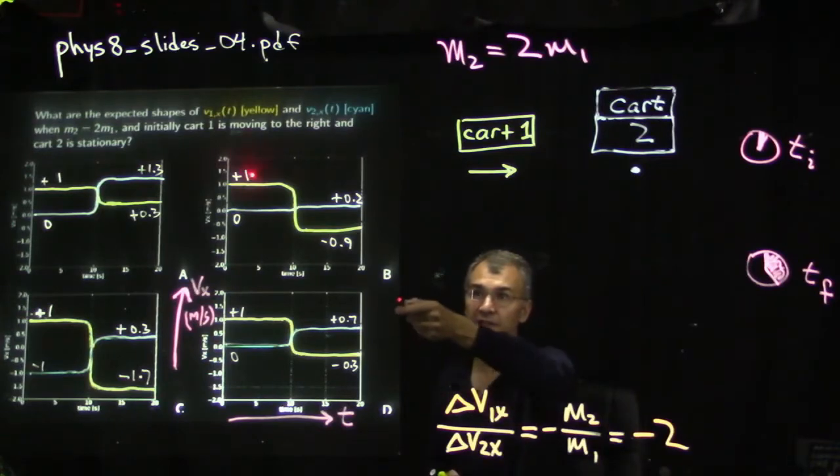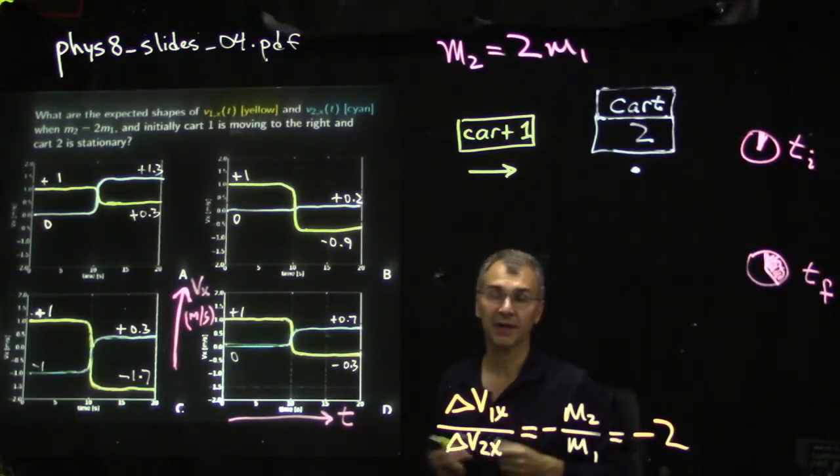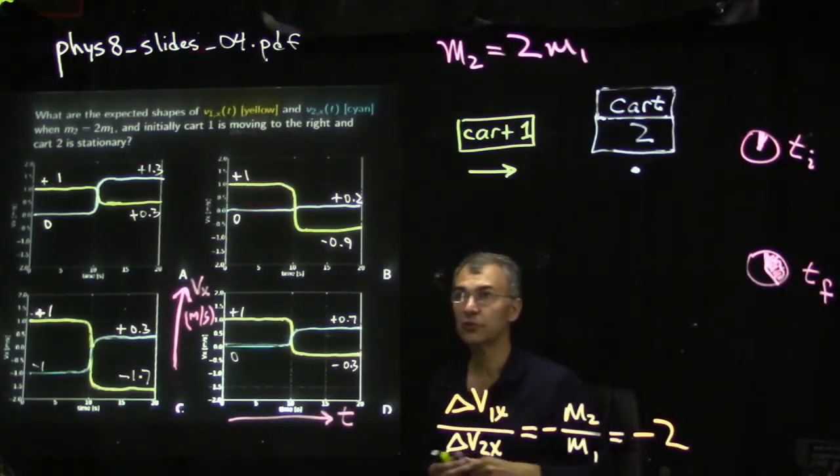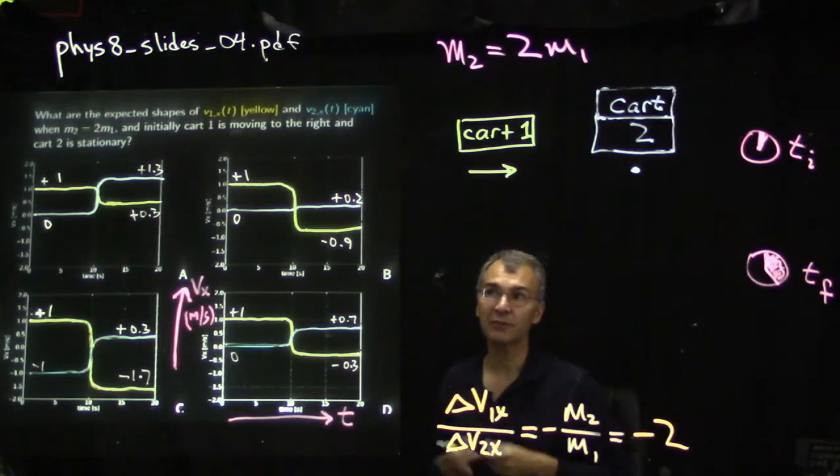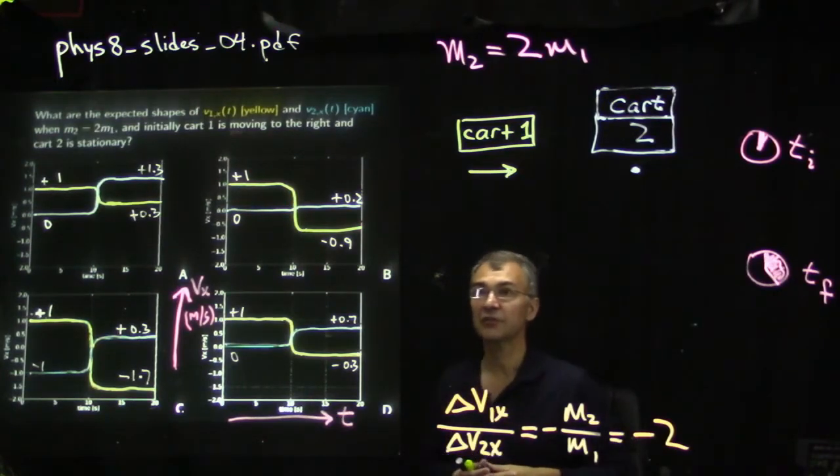So delta v1 is almost -2, and delta v2 is about +0.2. So this would make sense if cart 2 were 10 times as massive as cart 1. Cart 2 is more massive than cart 1, but not by a factor of 10. It's only a factor of 2.